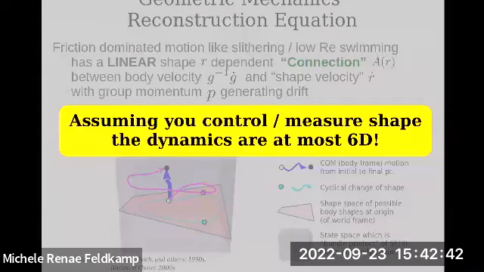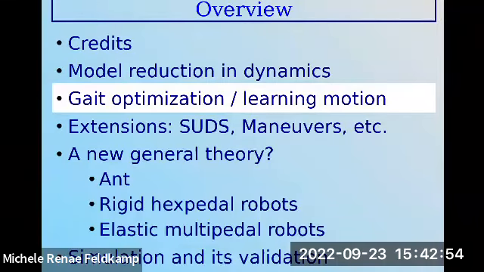We have high gain control of the shape of our robots usually. So we can control the shape, which means that potentially using this idea of symmetry reduction, we can get a lot of mileage. And indeed we did, and I'll show you some of the things we've done with it. So, but before that, I want to sort of map where this is in the grander scheme of movement.